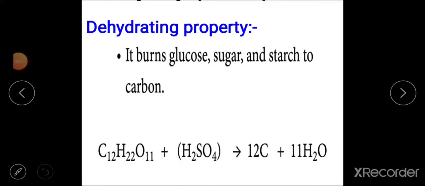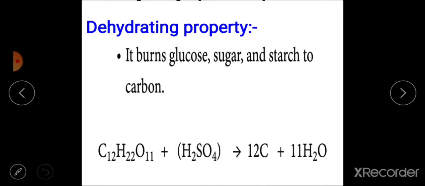Then next is dehydrating property. Dehydrating: de means removal and hydra means water molecules. There is the removal of water molecules. This is known as dehydrating or dehydration. This sulfuric acid acts as a strong dehydrating agent. It removes water from sugar and carbohydrates.